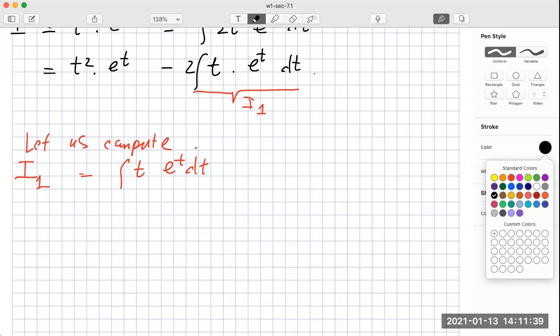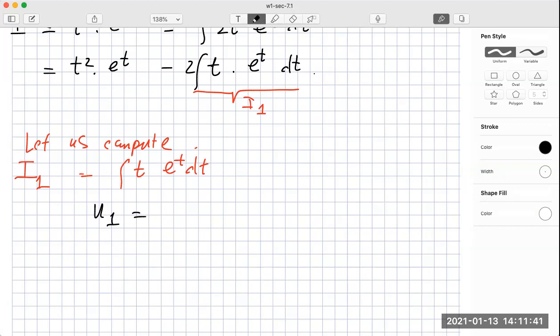Let us call it u1 and dv1. So what should we do? What should we define here? t, okay, and here e to the t. Very good. It means that we need to compute the derivative of u1, and we find v1, e to the t. Very good.